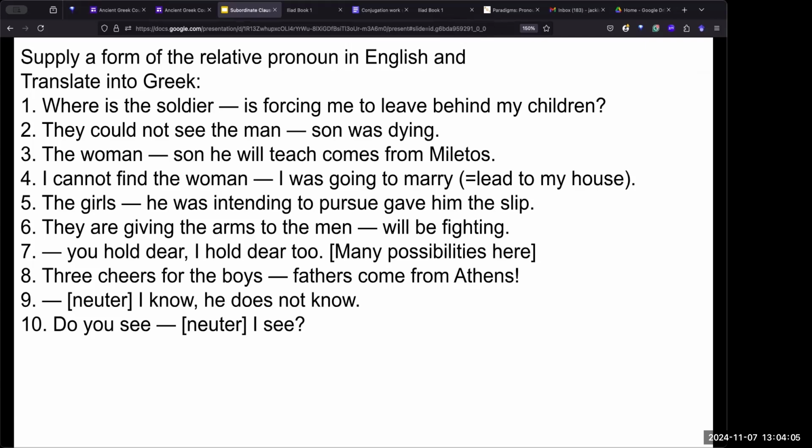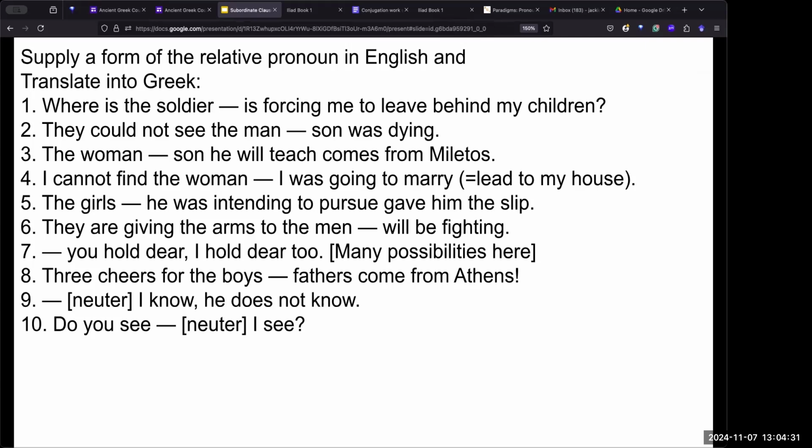Whom, yeah, I can't find the woman whom I was going to marry. The girls, blank, he was intending to pursue, gave him the slip. Whom, yeah, whom he was intending to pursue.